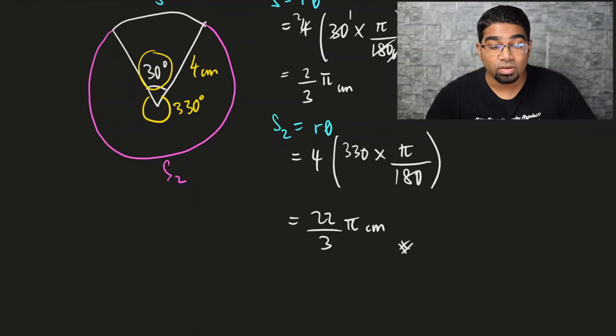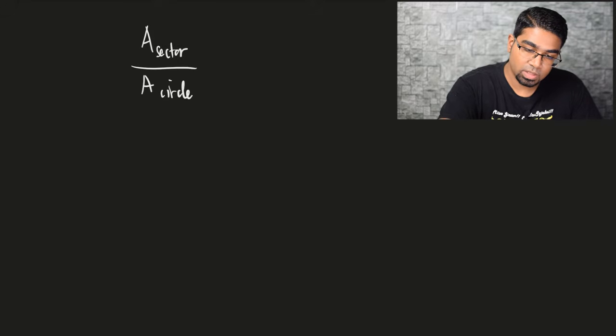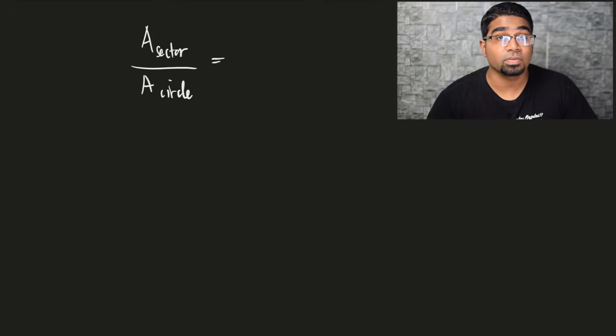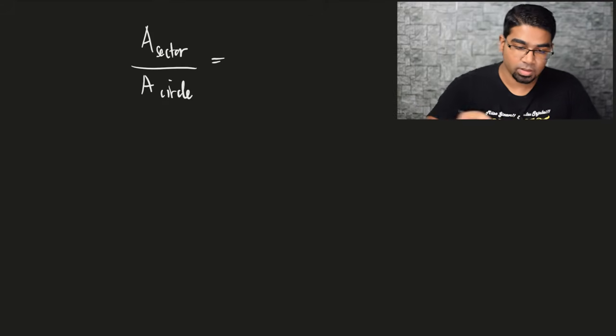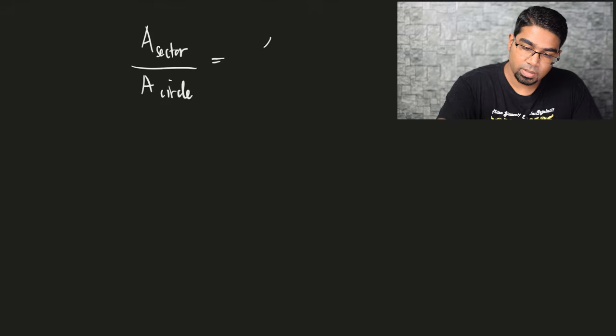What about the area of the sector? The ratio of the area of the sector to the area of a circle is the same as the ratio of the angle subtended at the center. So let's call the angle subtended for the sector just theta, and then we have theta of circle.